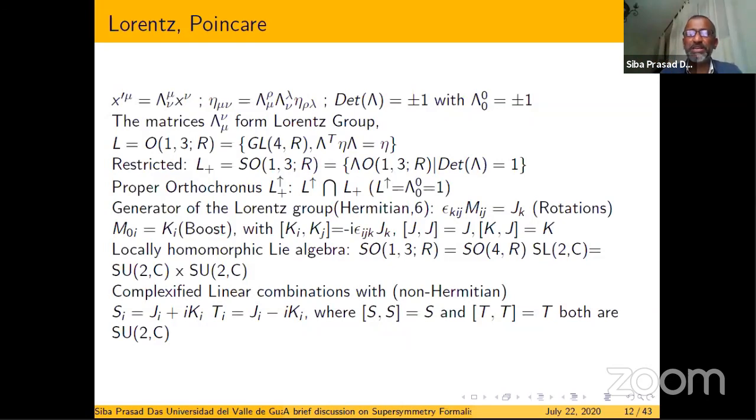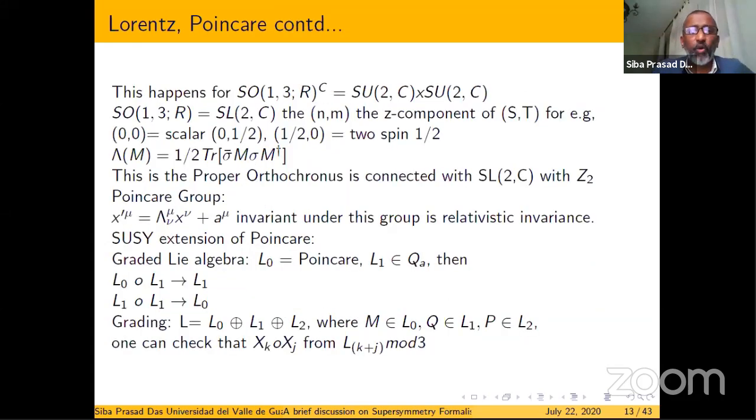And this S and T is my new generator of the group. This is basically the SU(2) and SU(2). So I have a new generator within the Lorentz subgroup, which is the generator of the S and T. And this has corresponding quantum numbers, which are called N and M. N and M take the value of the Z component of the generator, and that is basically the fundamental, this basically manifests the representation of the supermultiplet.